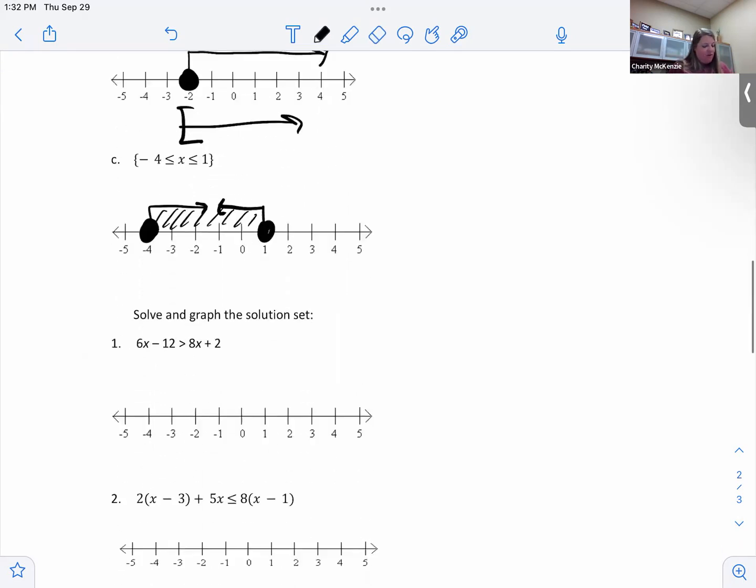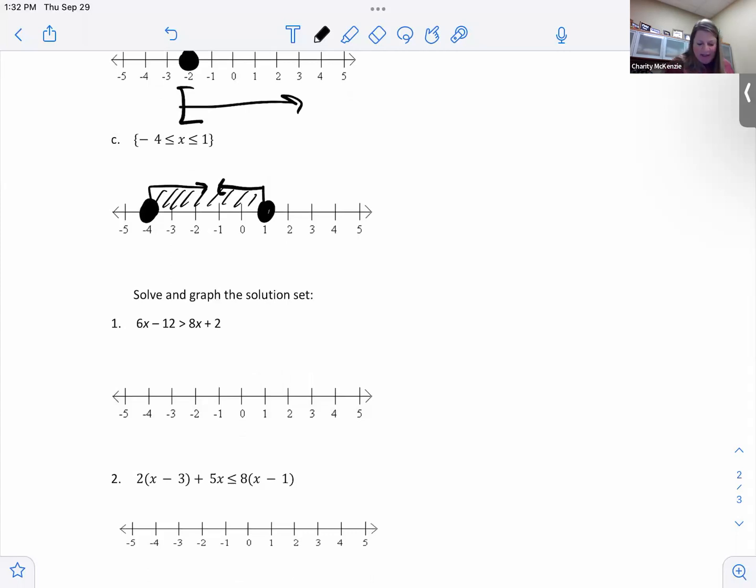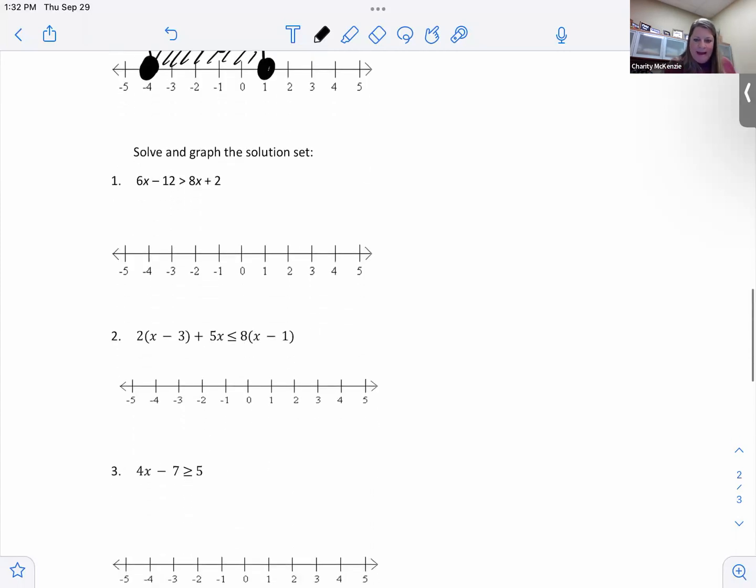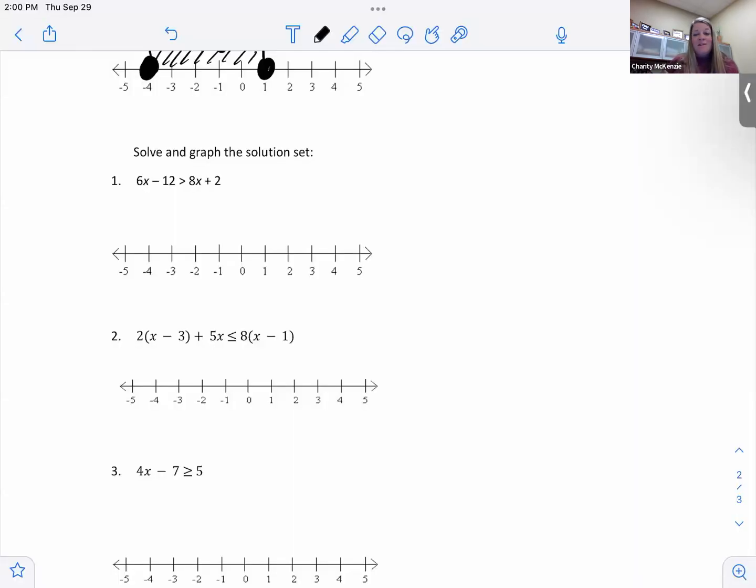Okay, now let's start to solve some of these. So we look at this first one here. We want to start with getting the x's together, right? So we have a 6x over here, 8x over here, and I always go to the left because we really like the x on the left side for these, right?